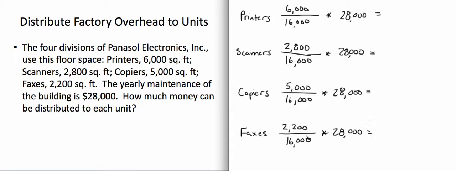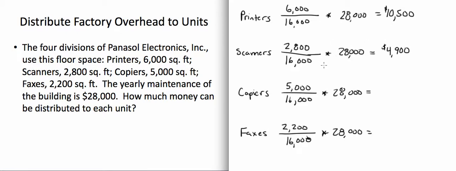Okay, so this first value, we take 6,000 divided by 16,000, multiplied by 28,000, we get 10,500. So that's the amount for the printers. Then the next value we get is 4,900 when we do these calculations here.